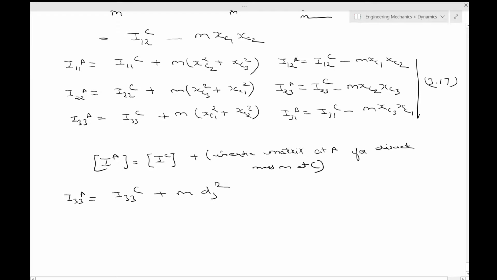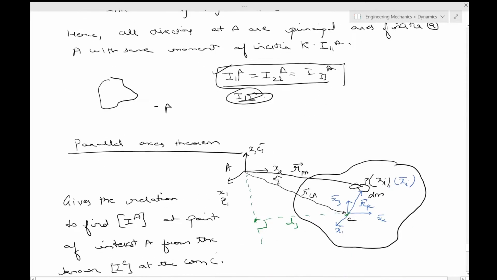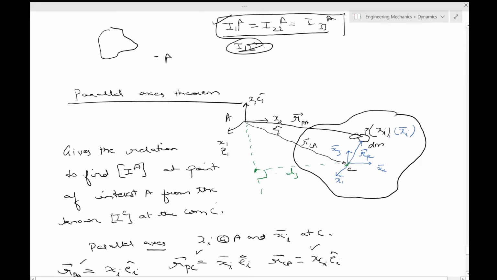And how do we know that? So d3 whole square is equal to xc1 square plus xc2 square. You can see that over here.